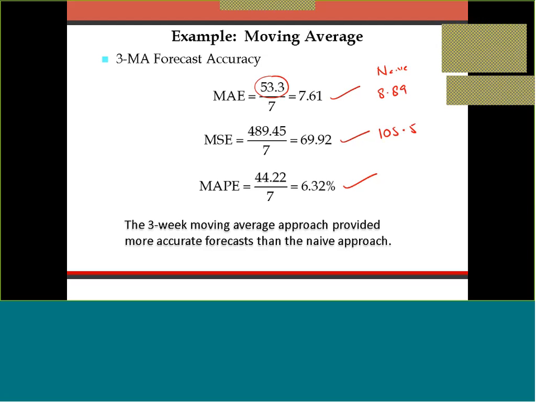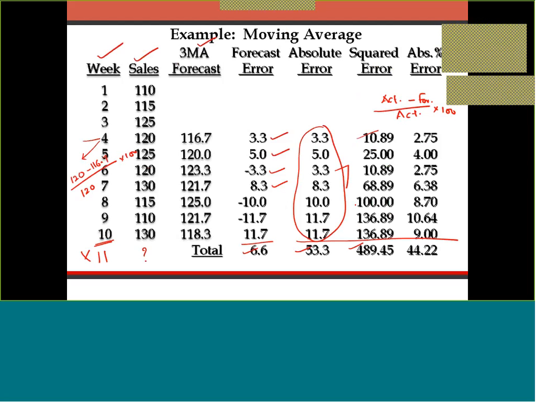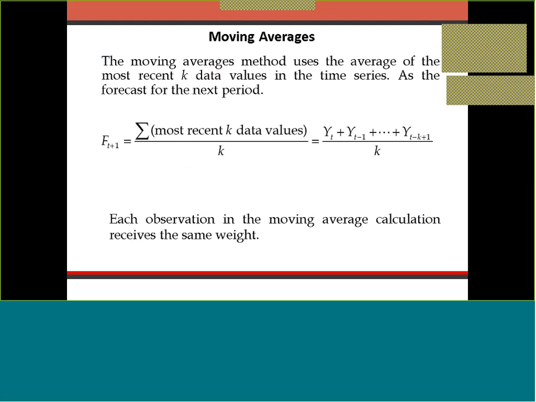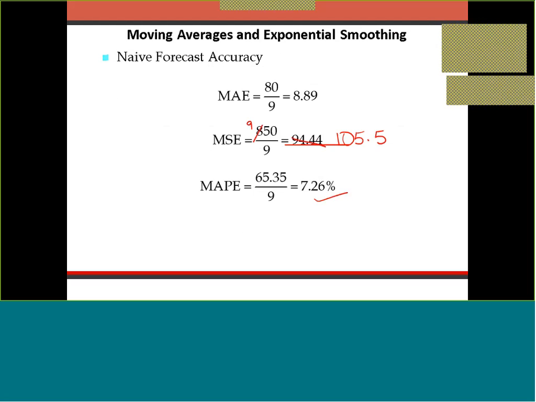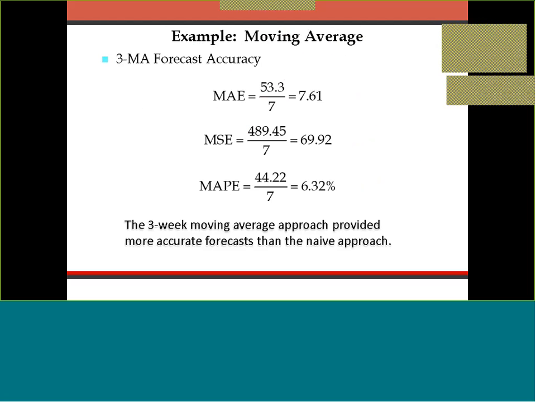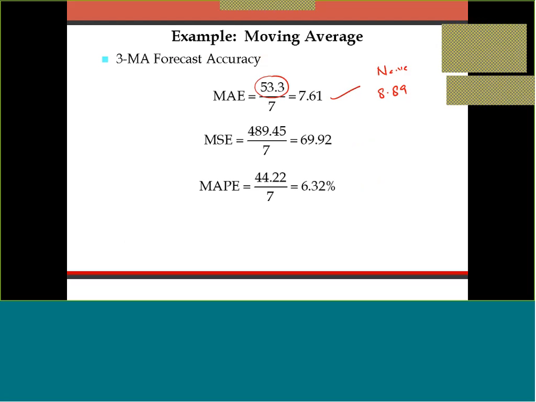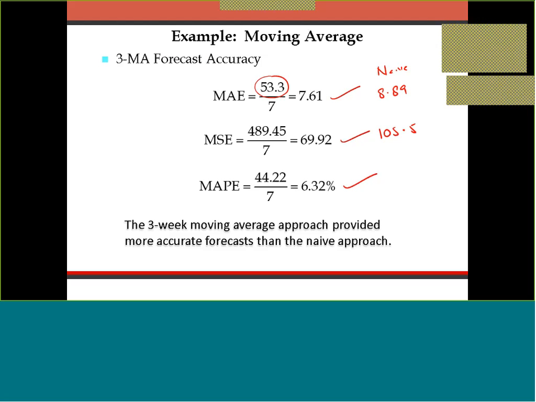Of course, the 3-period moving average has a low MAE, a low MSE, and obviously a low MAPE also. What is the MAPE there? 7.26. So compared to the naive forecasting method, MAE, MSE and MAPE are low. So the 3-period moving average is better than the naive forecasting method. Right?